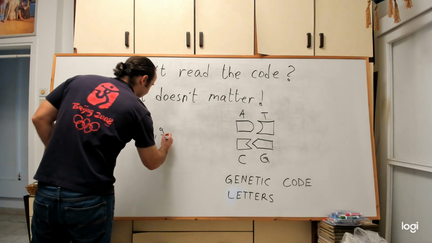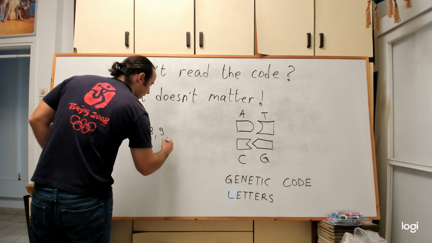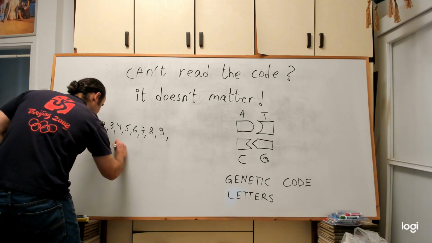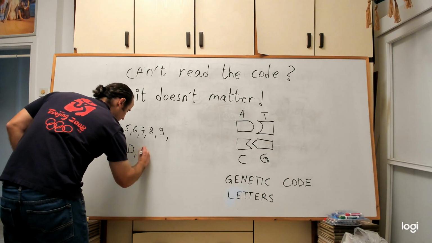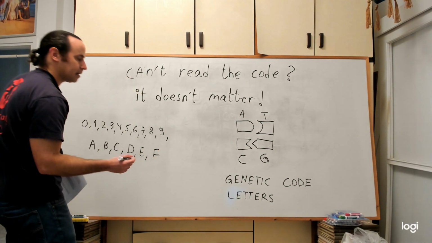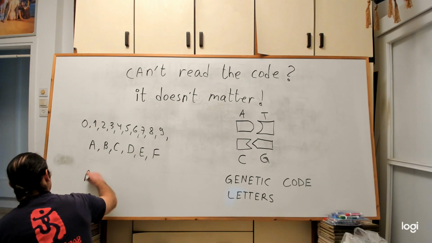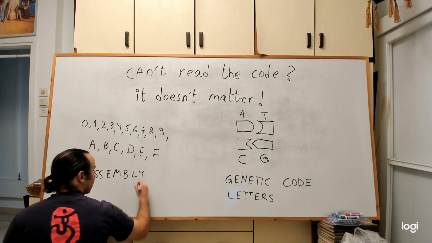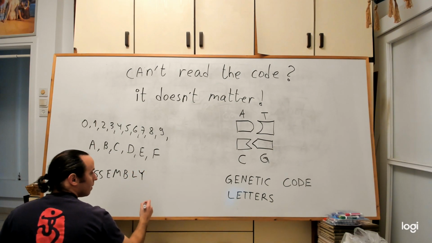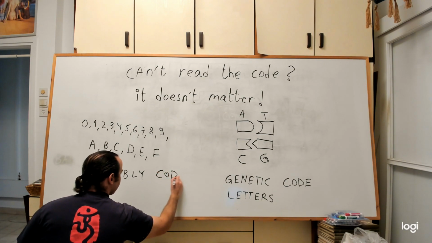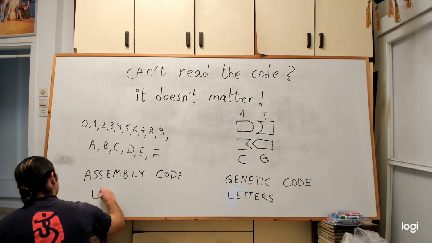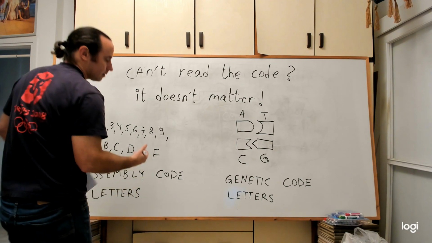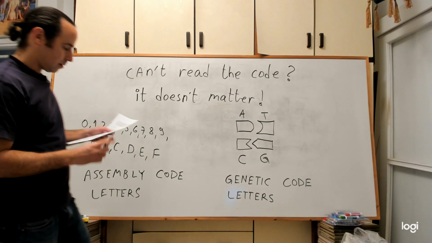And also A, B, C, D, E, F. So these are assembly code letters, or characters.